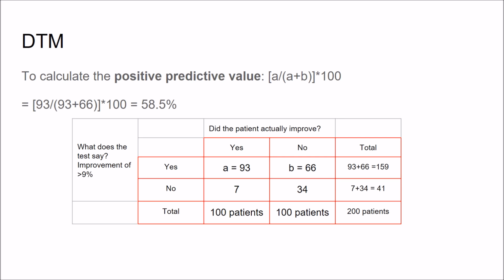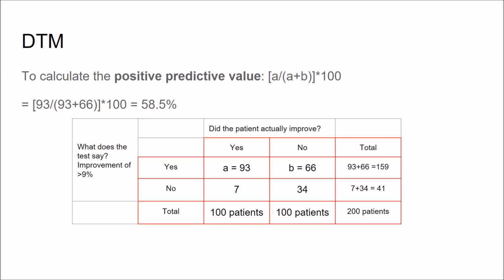We can now do the very last bit, which is to proceed to calculate our positive predictive value, which is what we need. The formula for the positive predictive value is as indicated in the book by Riddle and Stratford: A, which is 93 over here, divided by A plus B, which is 93 plus 66, which gives you 159.